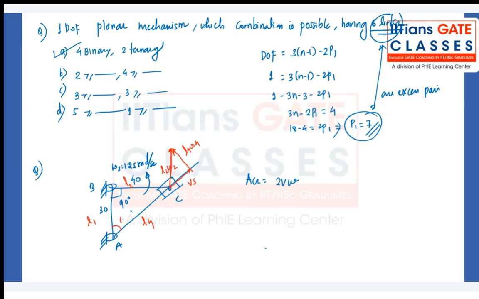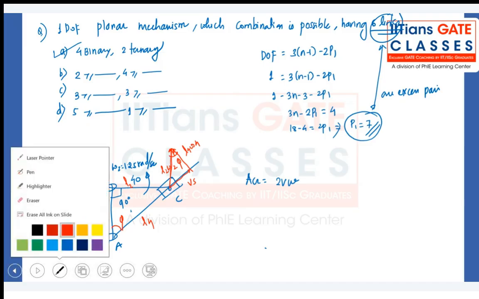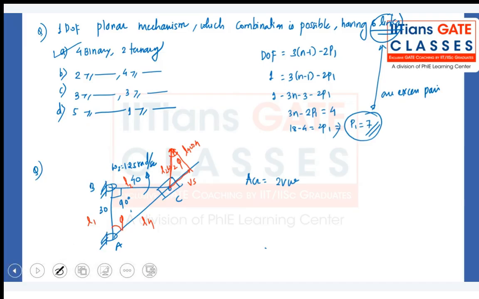If this angle is phi, this angle also has to be phi. This is something we have studied, how to draw the velocity diagram for an inverted slider crank mechanism. Now the velocity of the slider is what you want, 2v omega. So we want 2 into the velocity of the slider into omega 4.